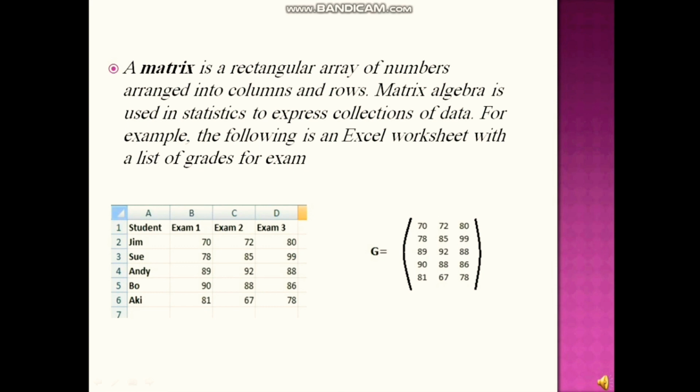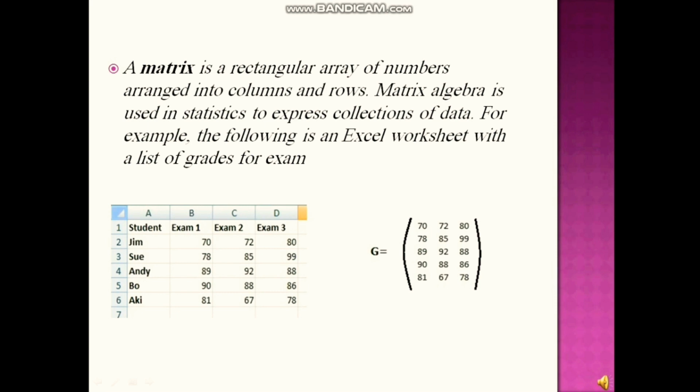In order to understand the concept of a matrix, it is a rectangular array of numbers arranged into columns and rows. Matrix algebra is used in statistics to express collections of data. For example, the following is an Excel worksheet with a list of grades for exam.